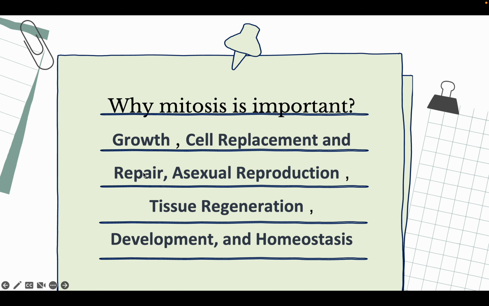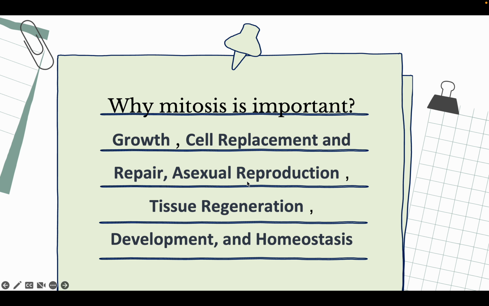How about cell replacement and repair? So mitosis is essential for replacing the damaged or dead cells in the body. So when you are injured, or when cells are injured or die, mitosis ensures that identical, healthy replacement cells are generated to maintain tissue function and integrity.